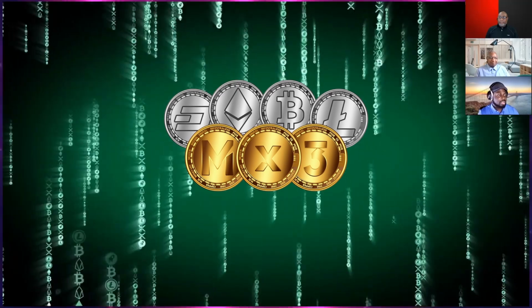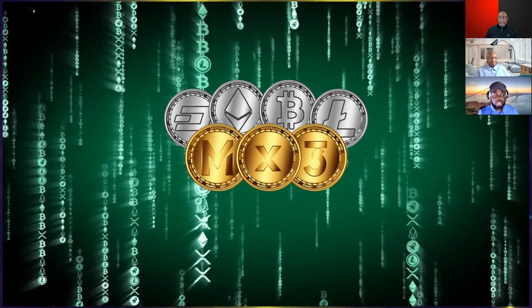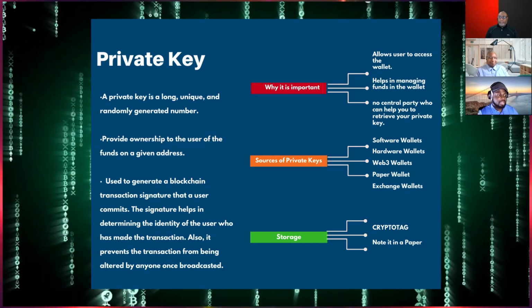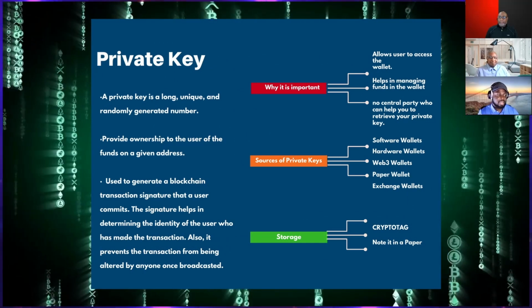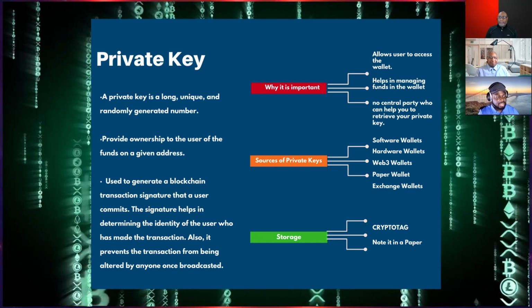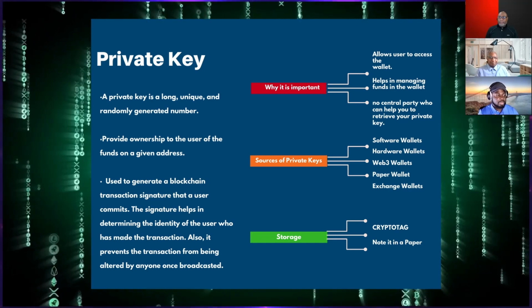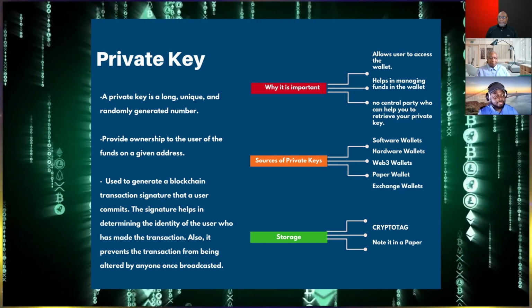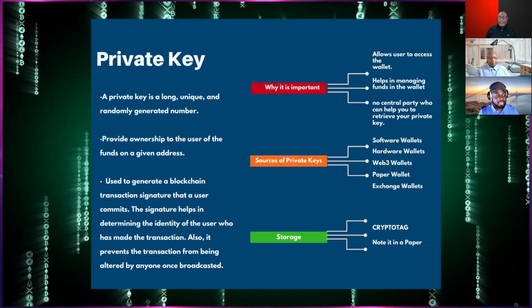In one's own personal wallet, the user has access to their own private keys, which is important, and your transactions remain anonymous. On a centralized exchange, a wallet usually has to go through the KYC process, and users do not have access to their own private keys.